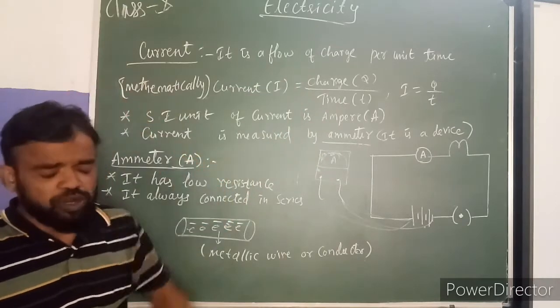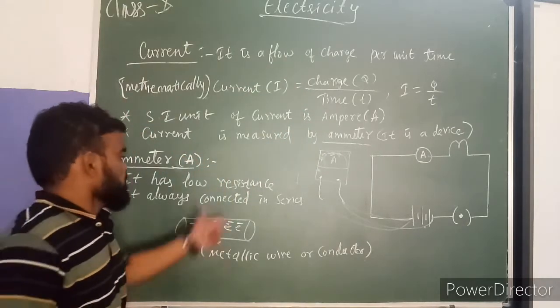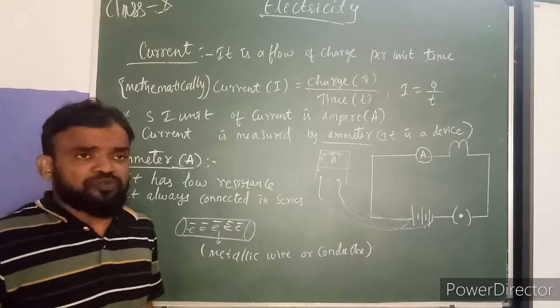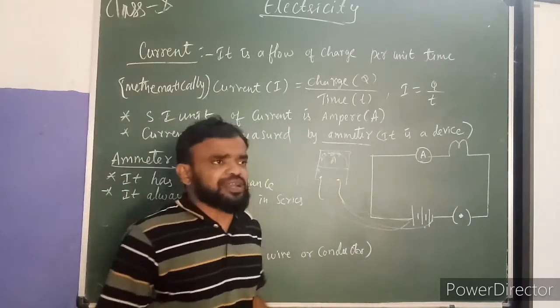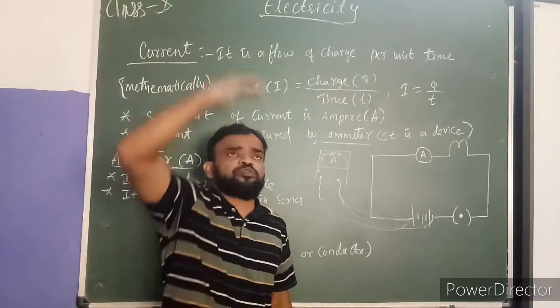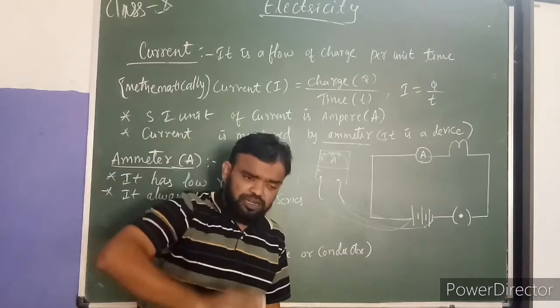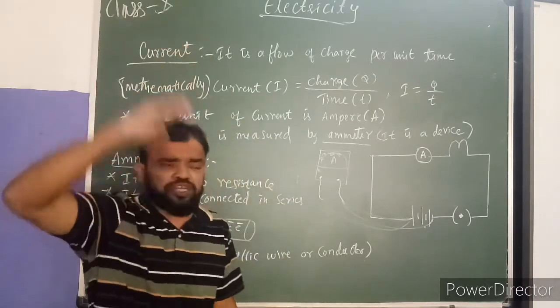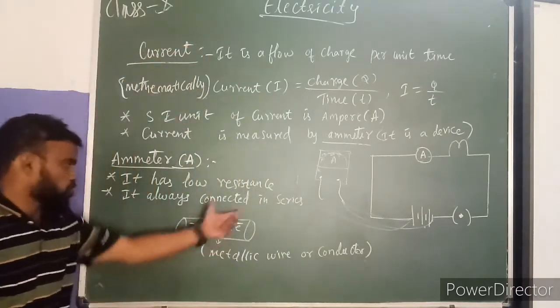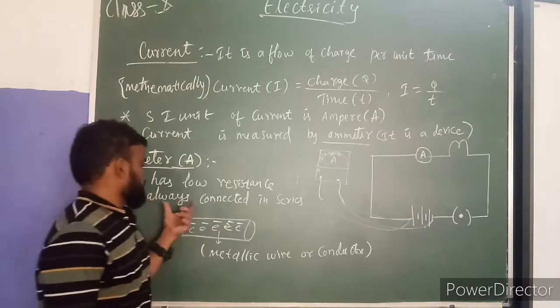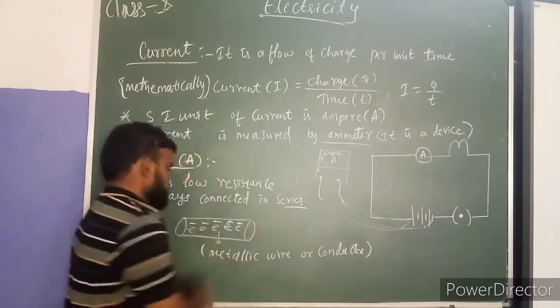That is series. Parallel means one in front, one above, one below, another below. The ammeter is always connected in series.